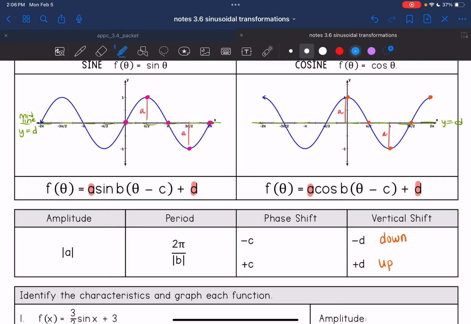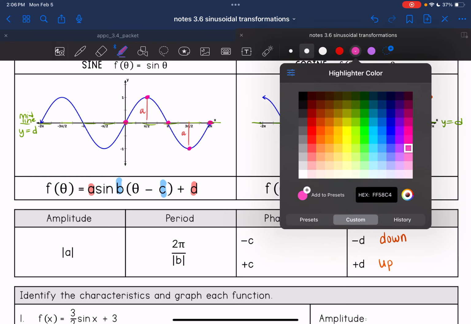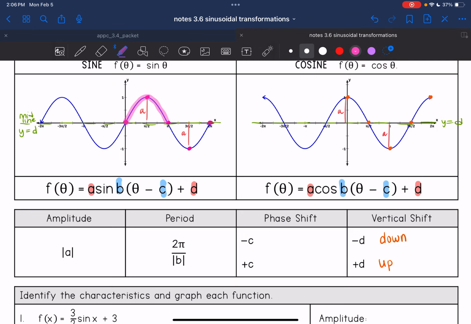Okay, the other two transformations are B and C. Those two transformations control horizontal changes. The period is how long it takes for the function to complete one complete cycle. For sine, you want to look at it like this. It kind of looks like a snake. So the period is that long.